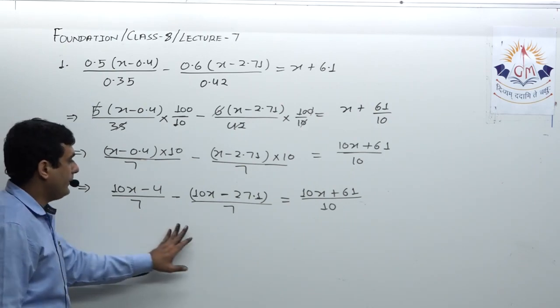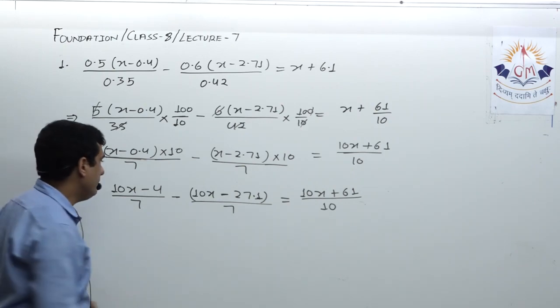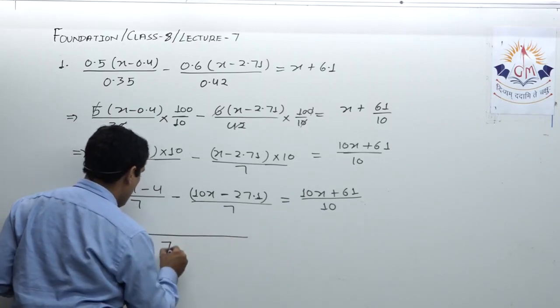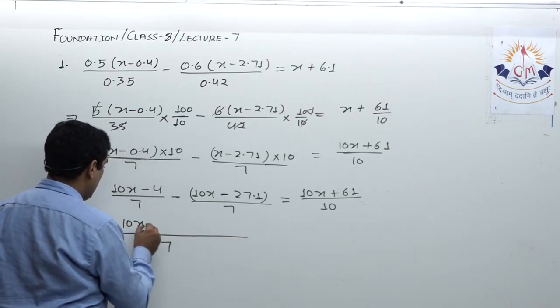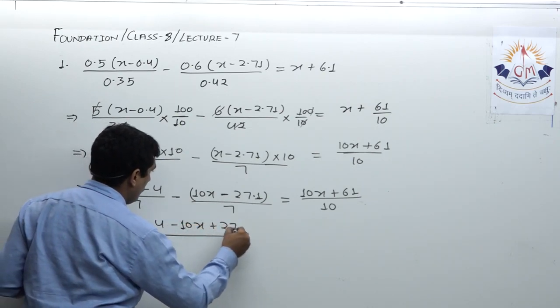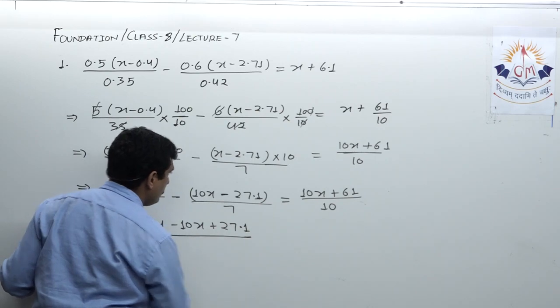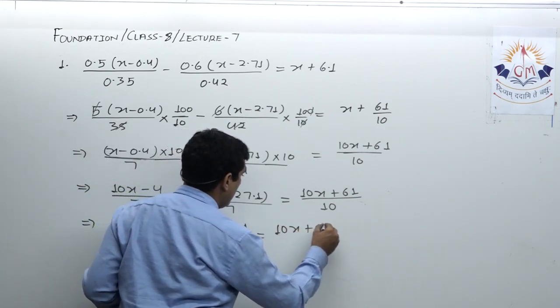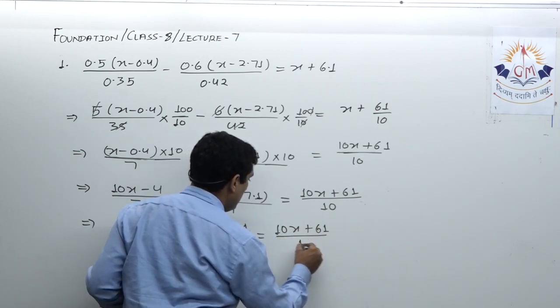Now here I can take LCM as 7, so here I will get 10x minus 4 minus 10x plus 27.1 is equal to 10x plus 61 upon 10.